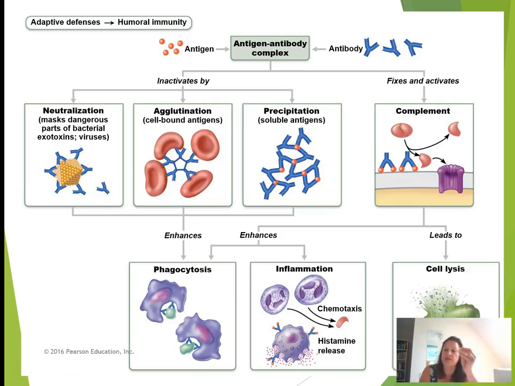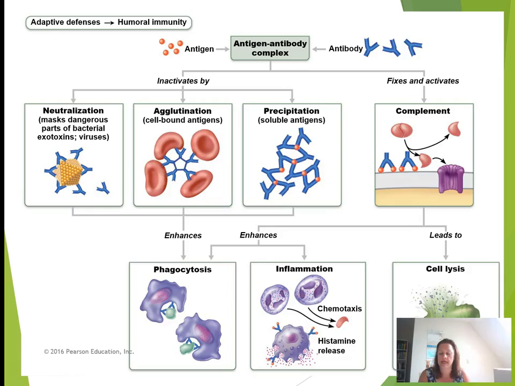Similar to precipitation. Precipitation means all of the antibodies clump together. So it's similar to agglutination, except agglutination is cells clumping. Precipitation is all the antibodies clumping with the antigen. But again, large complexes, they settle out. Phagocytizers can get them very easily. And then the last way is what's called complement fixation.